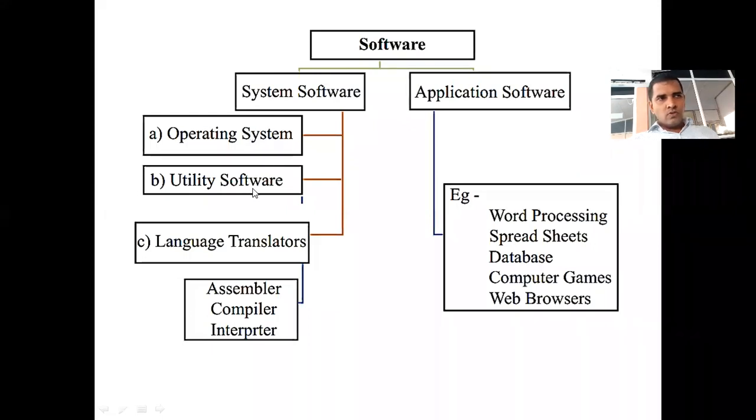Operating system, utility software, and translators. But I told you that utility and translators will be explained in the latter part of this unit, not now, right? So maybe for 5 or 6 classes, we have to spend the time with operating system. Once operating system is finished, then we can move to the other software.